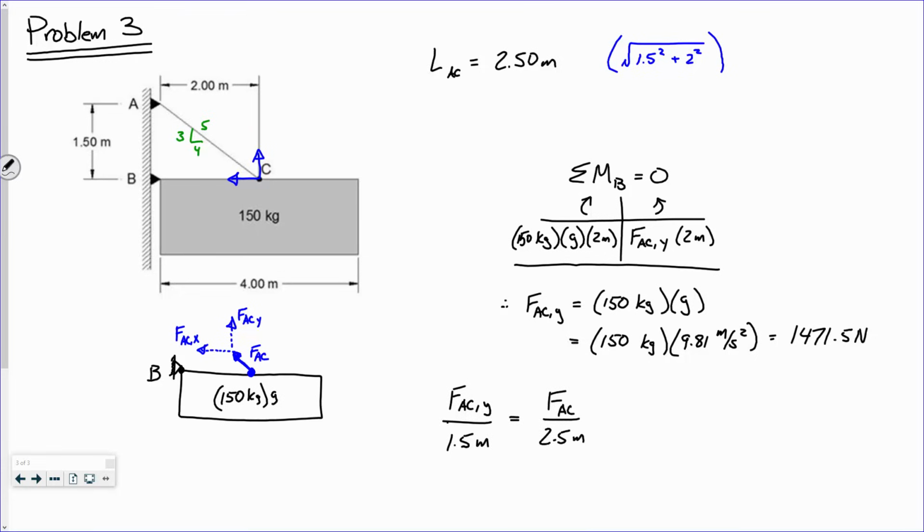In other words, this is just trig, really. If we're looking at sines, what is the sine? It's the opposite over the hypotenuse, which is basically what I got going on here. In other words, if I want to find FAC, it is FACY times 2.5 meters over 1.5 meters. Make sense?